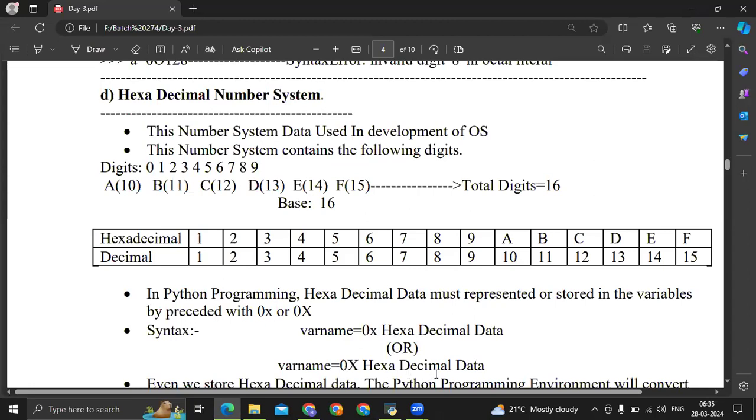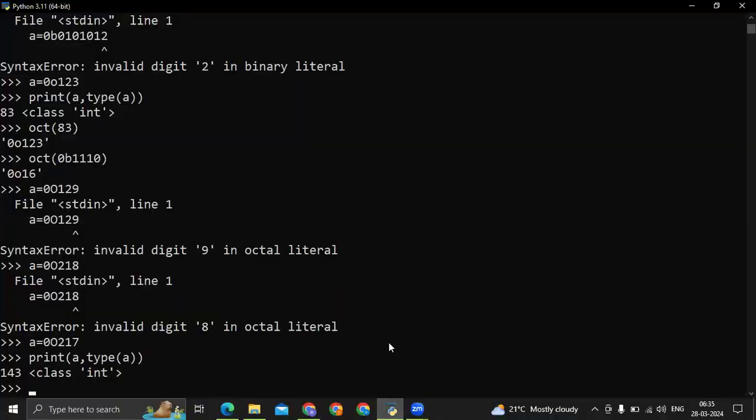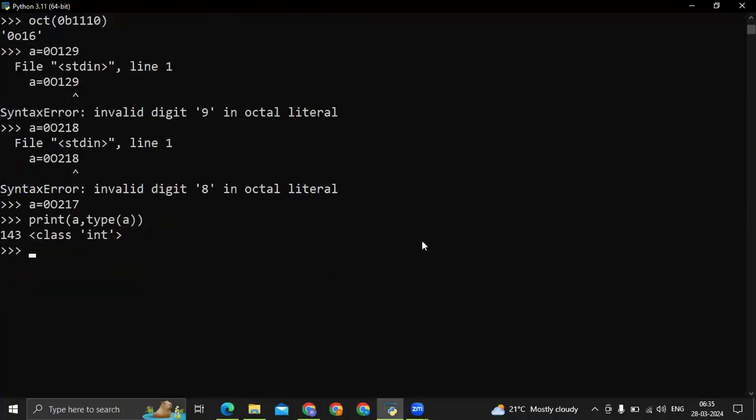Even if we store hexadecimal data, Python will convert it into the decimal format. Let's go ahead. A is equal to 0x AC. Now, print A, type of A.